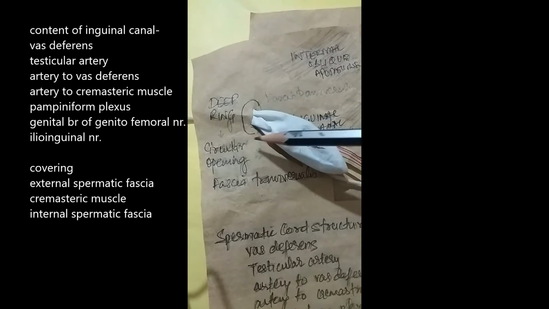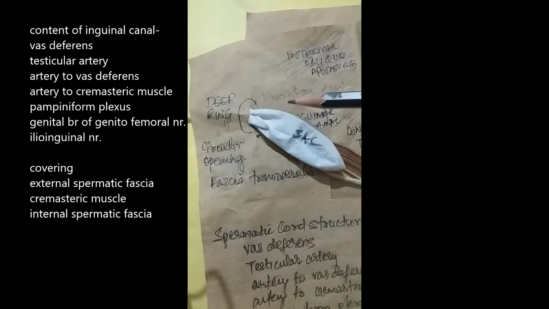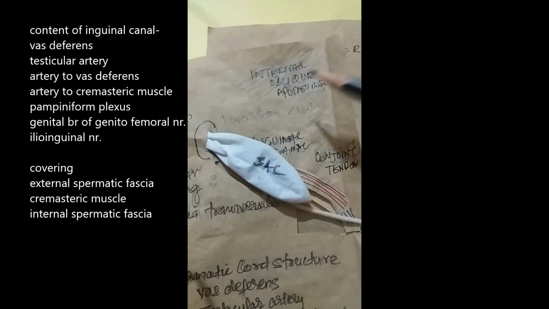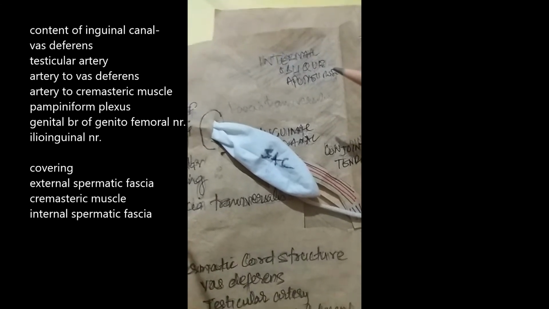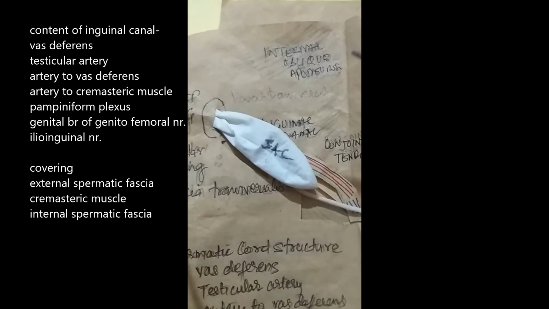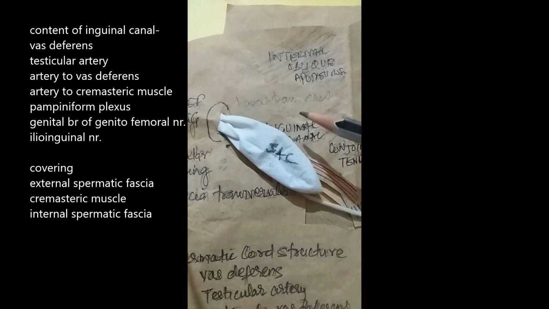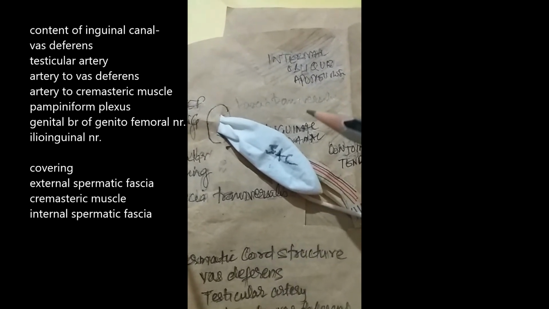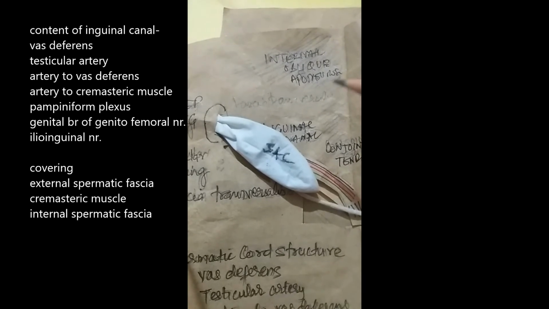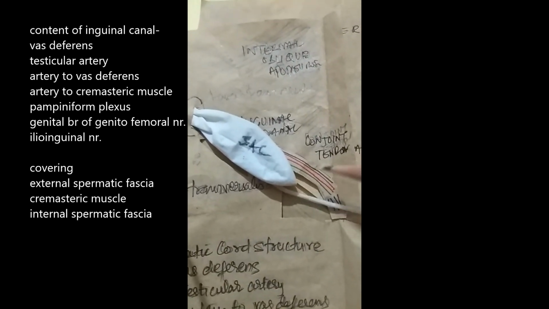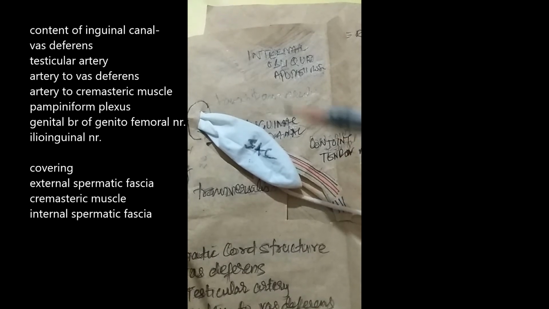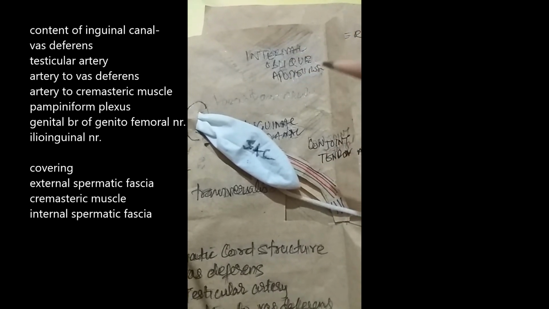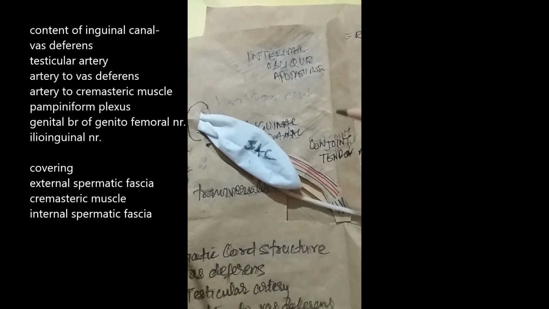Deep ring is a circular opening in the fascia transversalis. These are internal oblique aponeurosis fibers. These are just opposite to the external oblique aponeurosis fibers. You have to put your hand in the back pockets of your trouser. This is the conjoint tendon formed by fibers of the internal oblique aponeurosis and transversalis muscle.